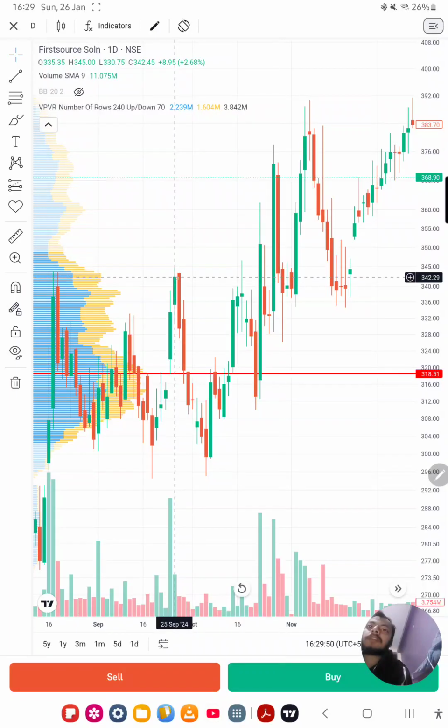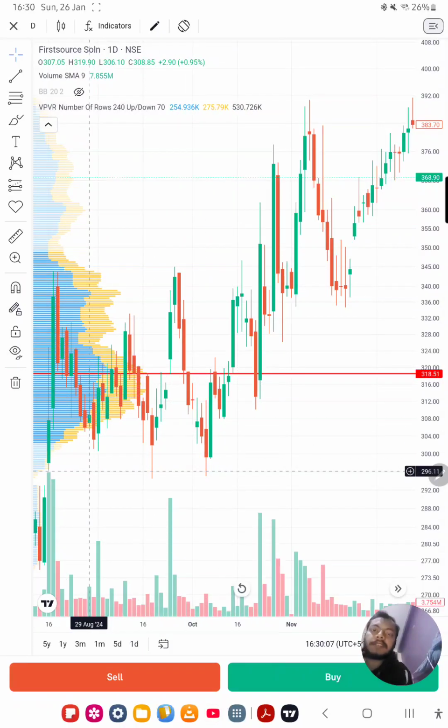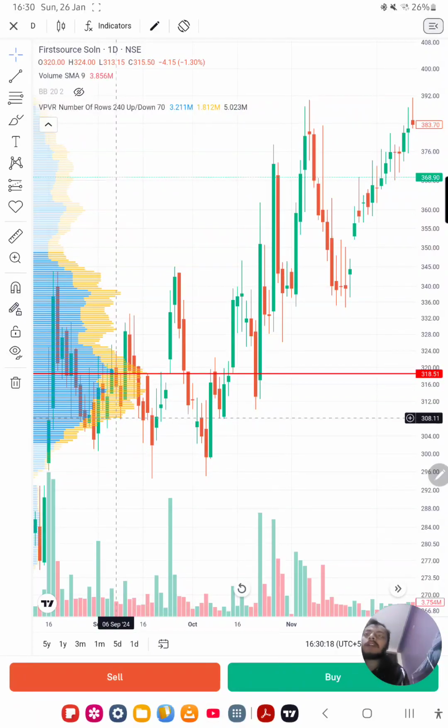For example, the price is 342.44, the buy volume was 2.23 million, and sell volume was 1.289 million. Anyway, it's fluctuating. And this red line, the price that shows 318.51, indicates that the maximum volume was at this price. So this is all about volume profile.